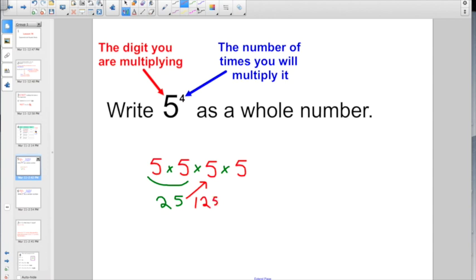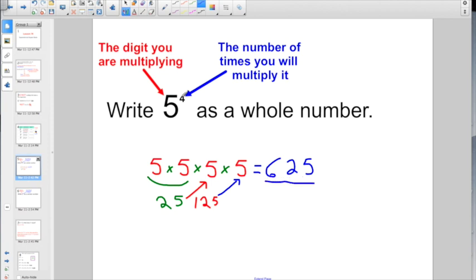I'm going to then take that answer and multiply it by my last 5. 125 times 5 equals 625. Maybe you would need to set that one up on a scratch piece of paper to make sure, but trust me, it does equal 625.